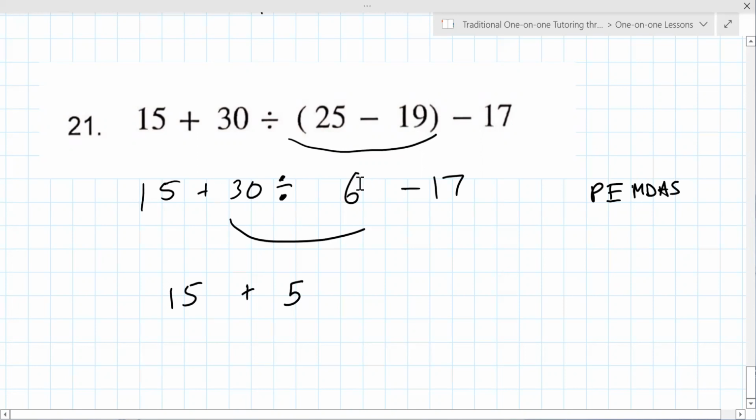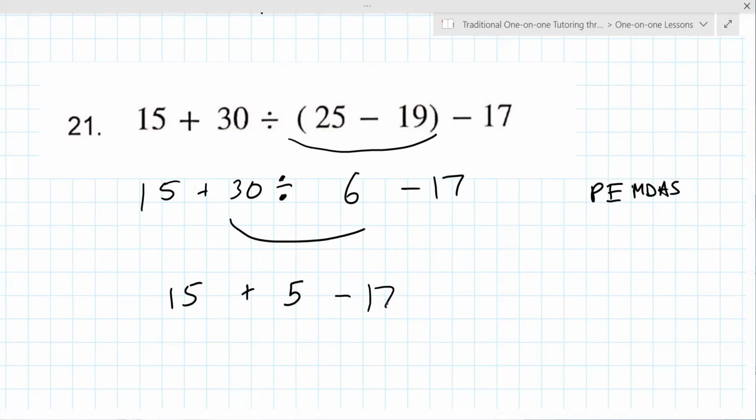That should make you think, huh, that's odd. Most of these problems work out nicely. Now you're down to addition and subtraction: 15 plus 5, 20 minus 17 is 3.